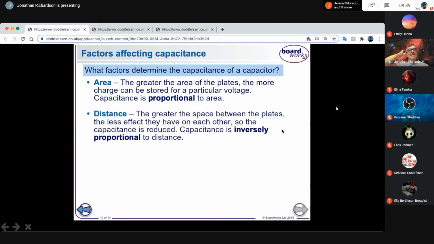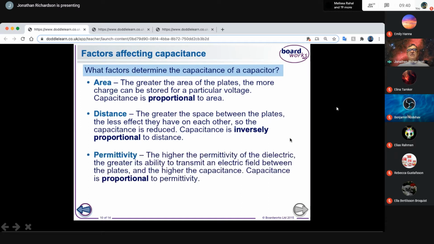The greater the distance between the plates means that less effect will be had on each other, and it means that it will take longer to charge the capacitor to get all of the electrons because of the difference.